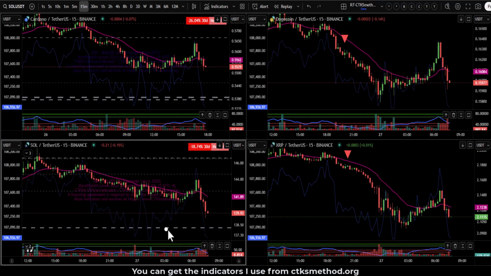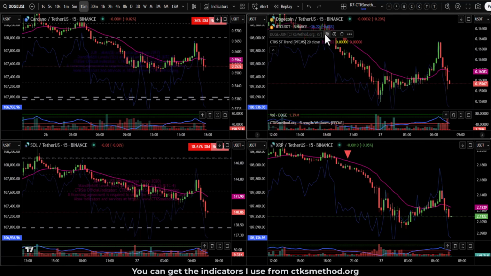We do have an area of structural support where we expect price to interact. And this is the power of the CTKS method. We know already where smart money and the algorithms will step in to support price and where they'll step out to push price down. Structure gives you superpowers.